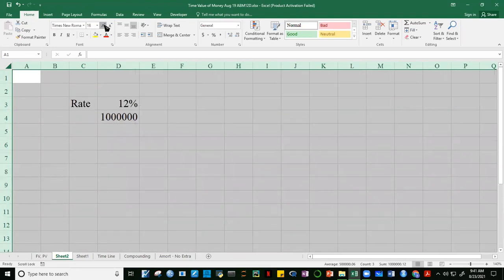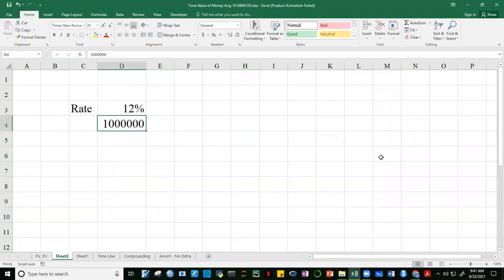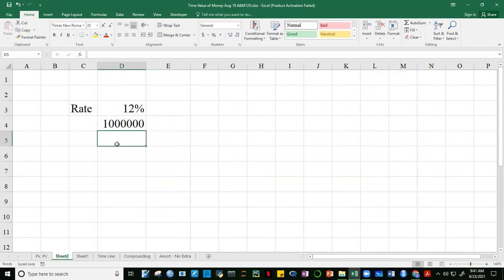Okay, I want to illustrate something here. So we can compute for the future value if the year is kung 0, no? Tapos 5. Let's make it increments of 5. 0, 5, 10, 15. Okay.